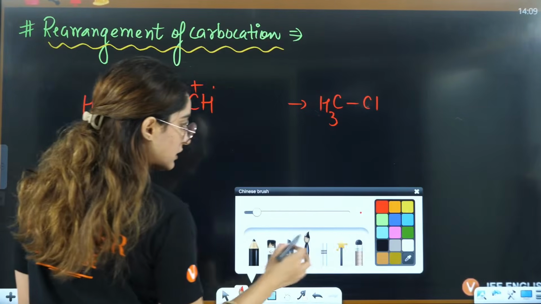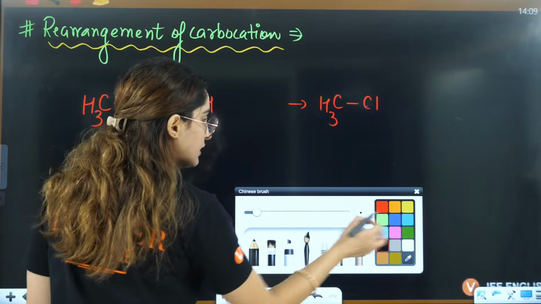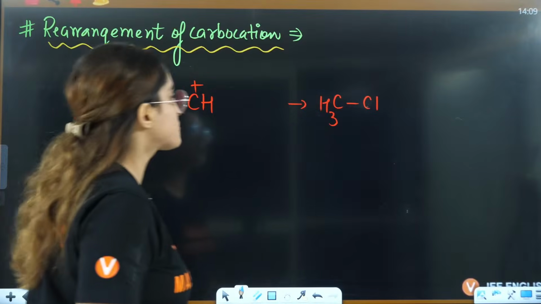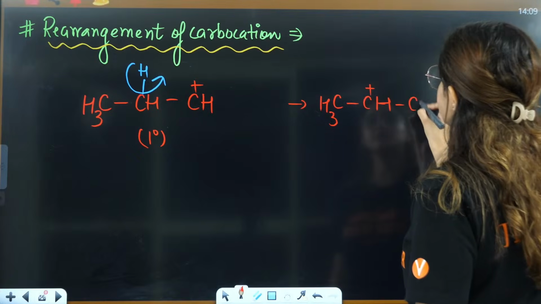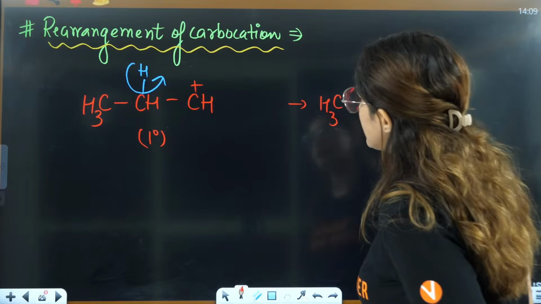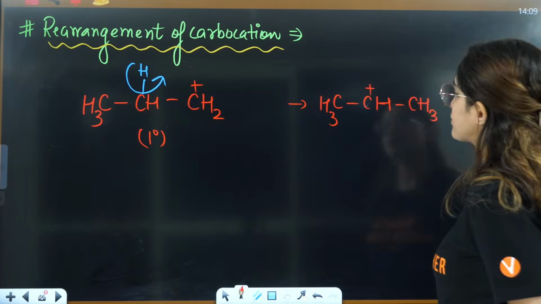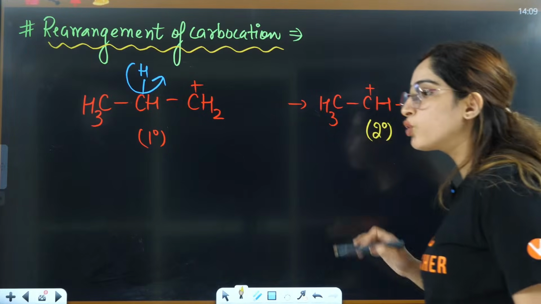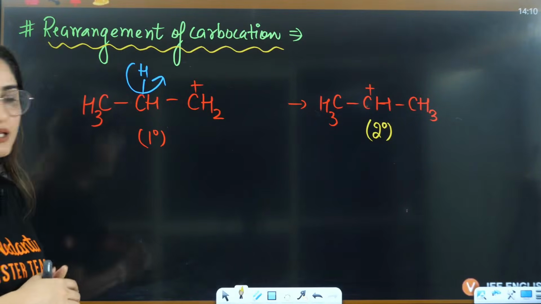That means a hydride will shift to this place, and hence you will have the formation of a CH positive. This one is 2 degree. So to convert it into a more stable carbocation, the shifting will happen.